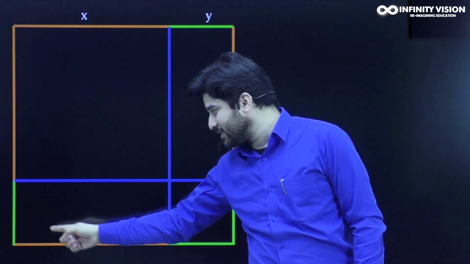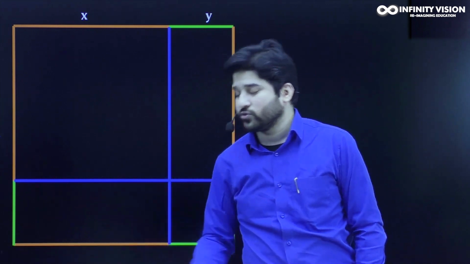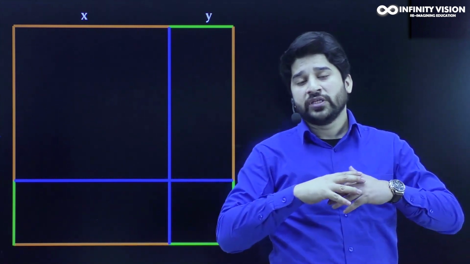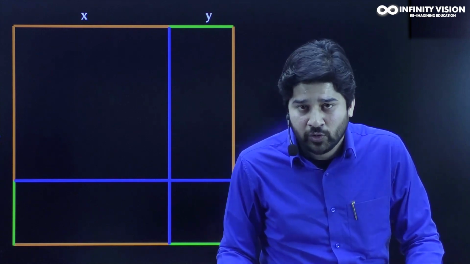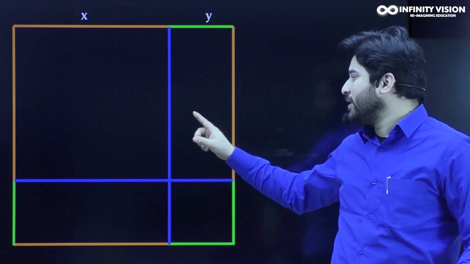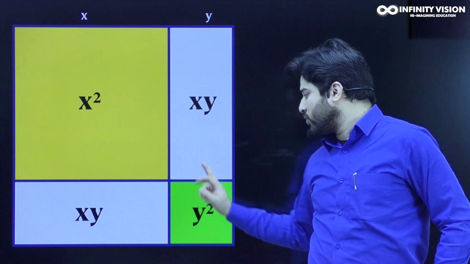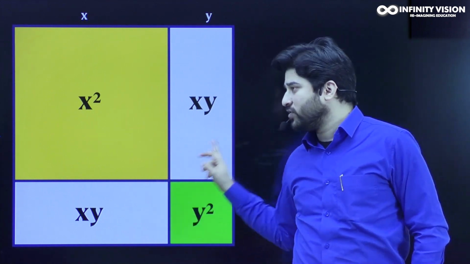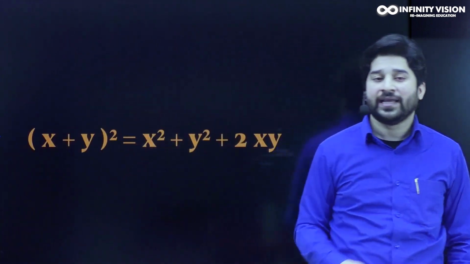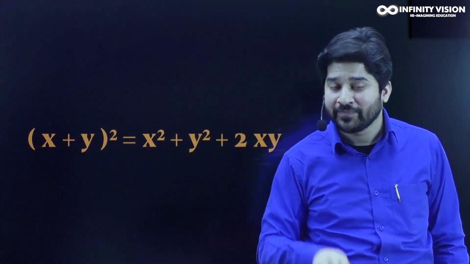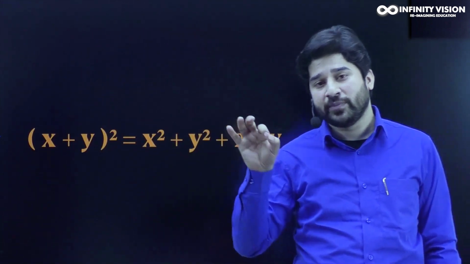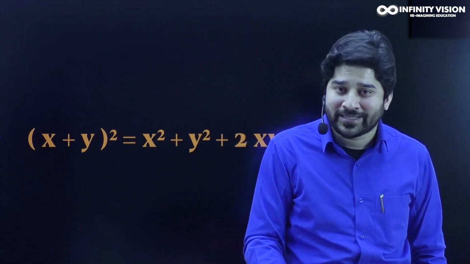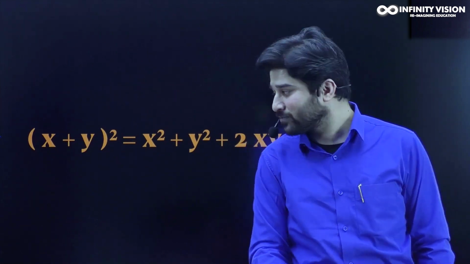Similarly, length being x, breadth being y, the area is going to be xy. So the complete area is x plus y whole square, which has been fragmented into x square, y square, xy, xy, which will help you say that x plus y whole square equals x square plus y square plus 2xy, which you have already studied in your algebra class.